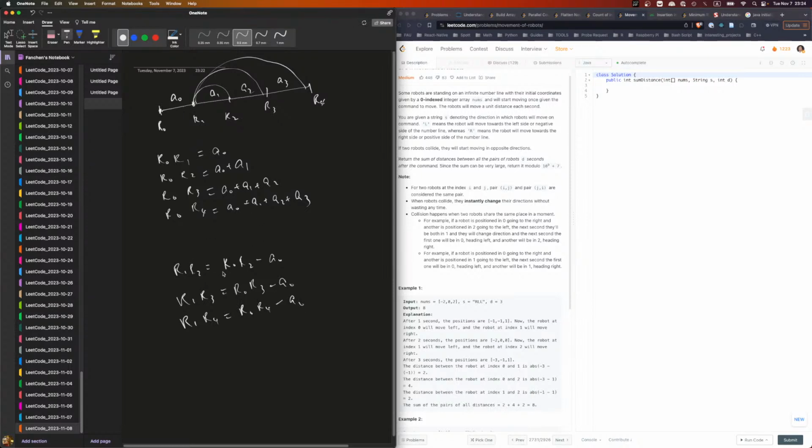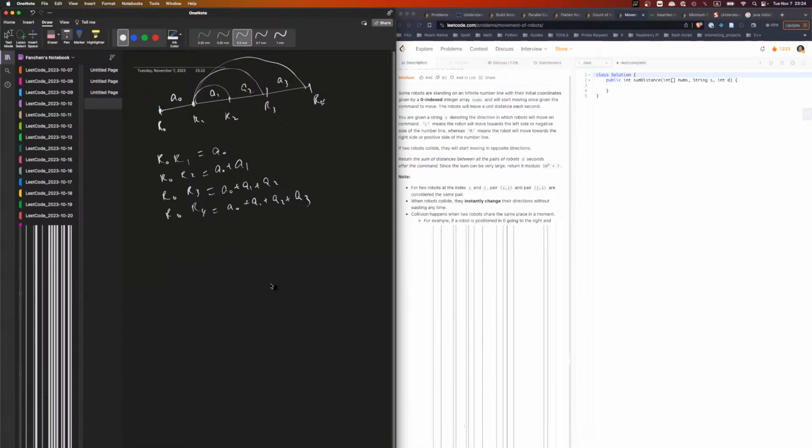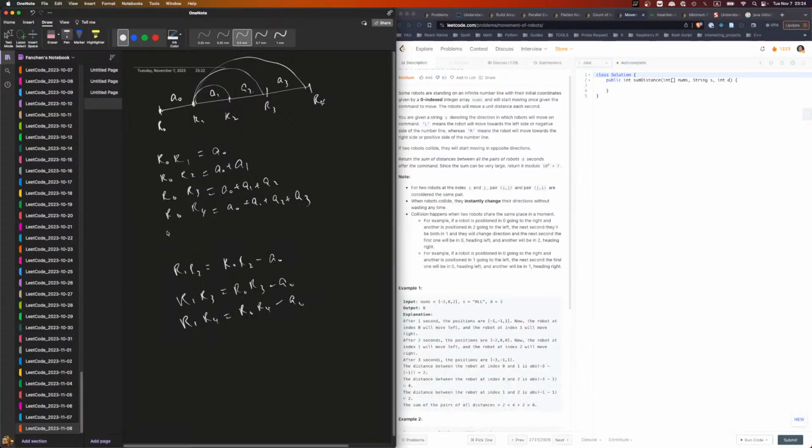Which means the sum of this: if we call S0 equal to R0, R1 plus R0, R2 plus R0, R3 plus R0, R4, then S1 is R1, R2, R1, R3, R1, R4, which equals S0 minus R0, R1, minus 3A0, which equals S0 minus 4A0, because this one is A0.